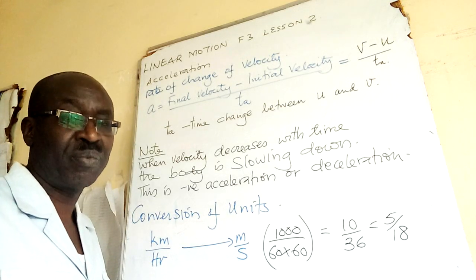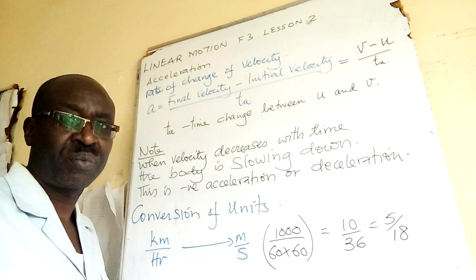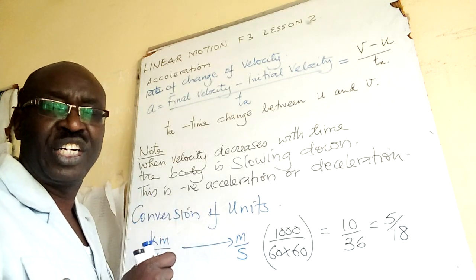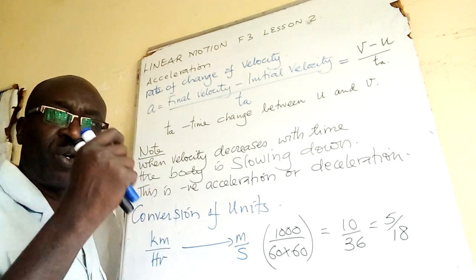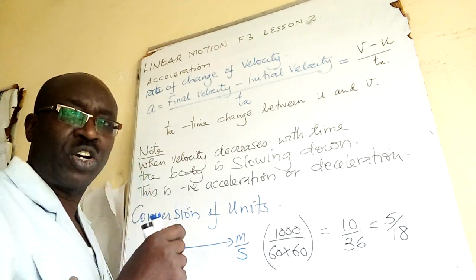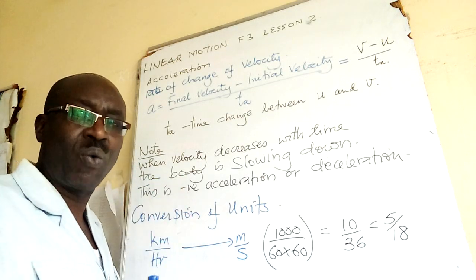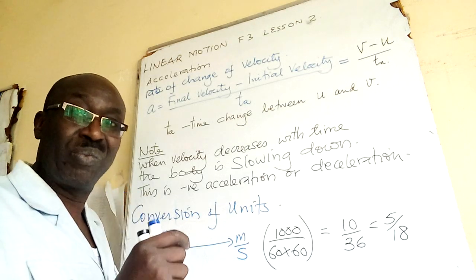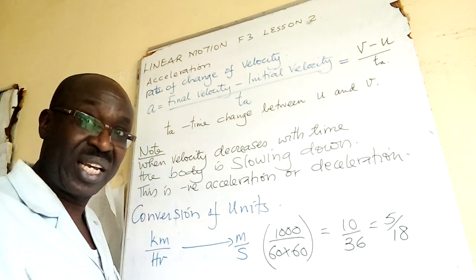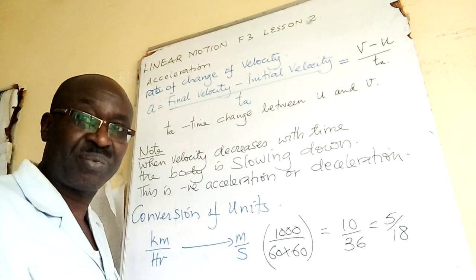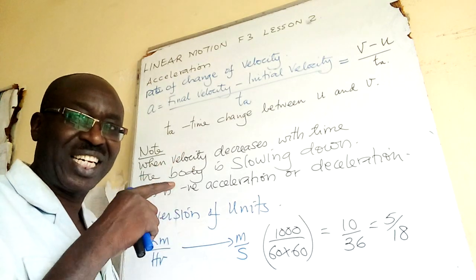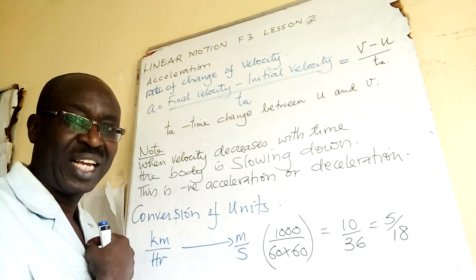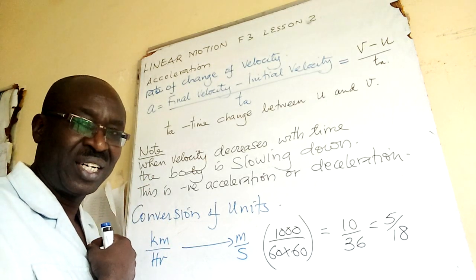That is the time taken that this body changed its velocity from 40 km per hour to 60 km per hour in 10 seconds. You see? So that 10 seconds is what I refer to as TA. Got it?